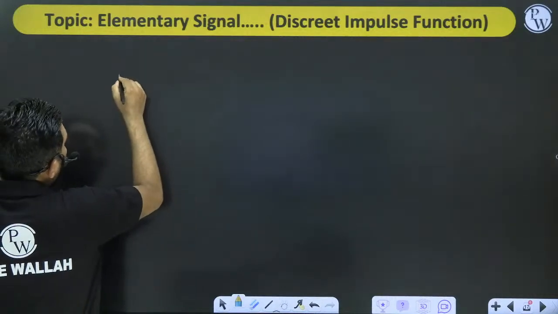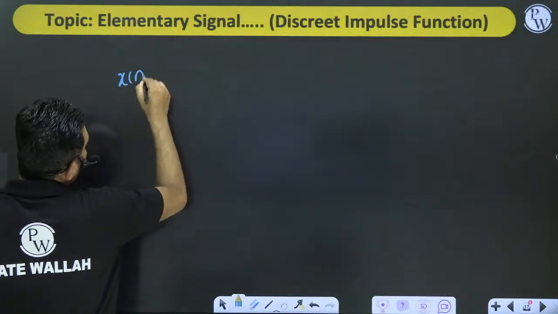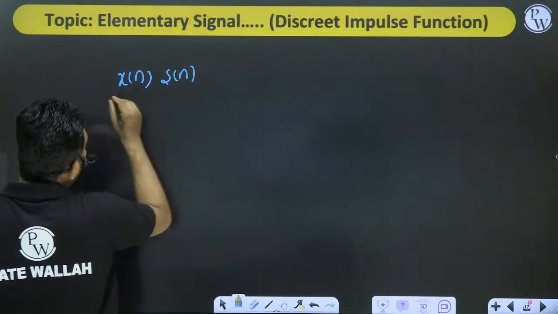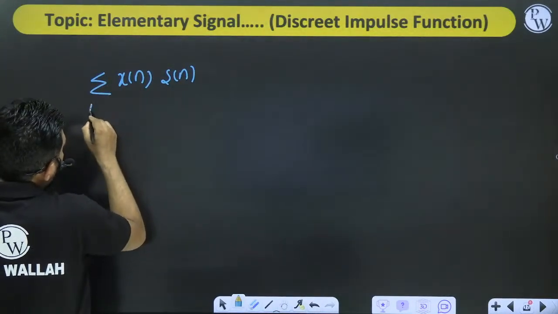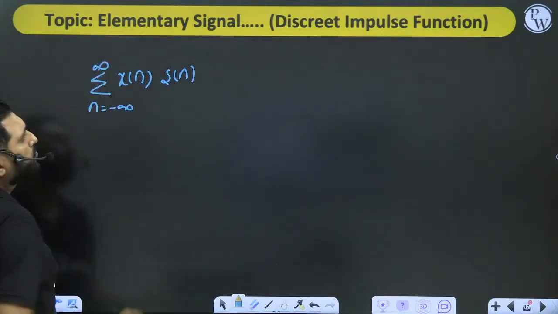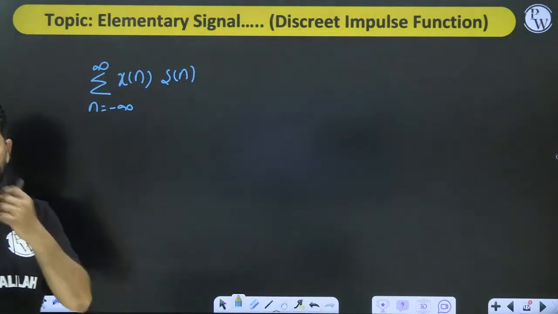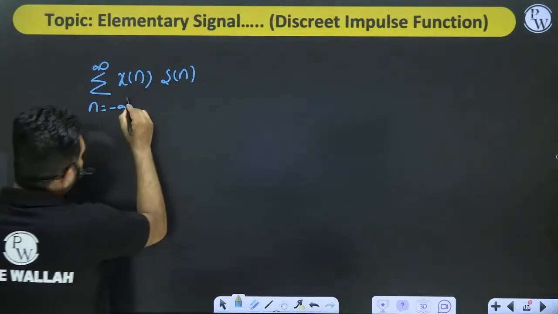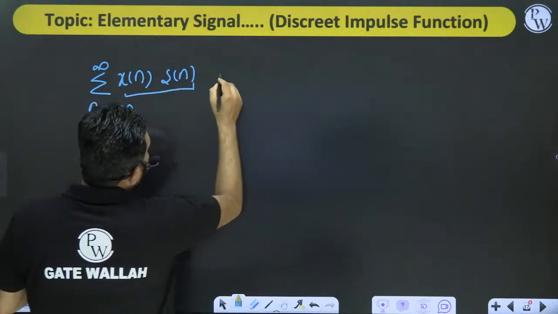Suppose I have xn multiplied with delta n, and I am adding from n equal to minus infinity to plus infinity. What will you get?